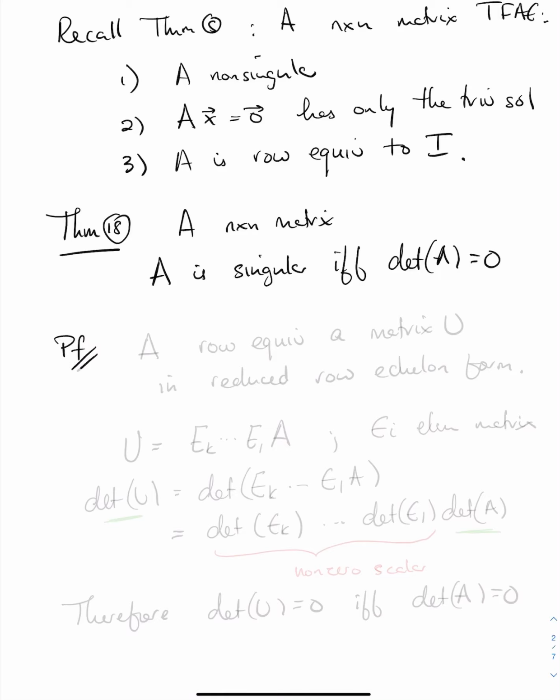Proof. Here's something that we'll know. That A is going to be row equivalent to some matrix in reduced row echelon form.